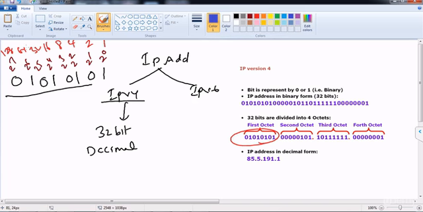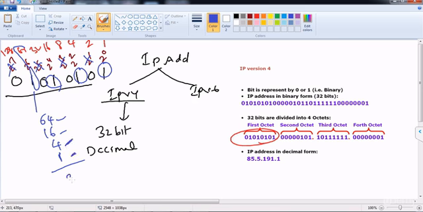Here this is 1, so I add 64, plus this 16, plus this 4, and plus this 1. Wherever there is a 0 you don't need to add those values. Now 64 plus 16 becomes 80, 84, 85.